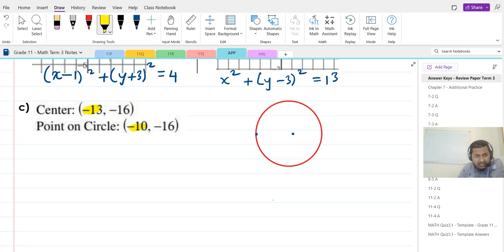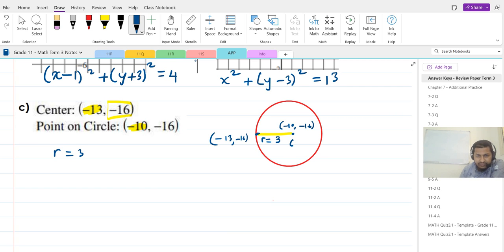The nice thing is that it has the same y value, so it's on the same horizontal line. So this point here is (negative 13, negative 16), and the center is (negative 10, negative 16). We can just count the distance from there to there, from negative 13 to negative 10, which is just 3. So the radius is 3, so r equals 3.